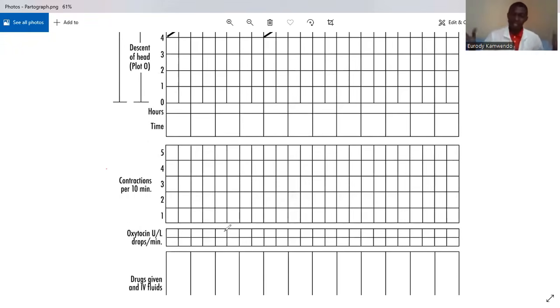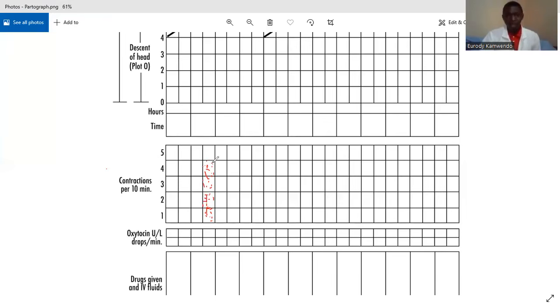In that first 30-minute period you feel about 4 contractions, and these are not lasting more than 20 seconds. You plot by using dots. So in this particular case, you plot to say you felt 4 contractions in 10 minutes in the first 30 minutes of admission, and each one was not lasting more than 20 seconds.